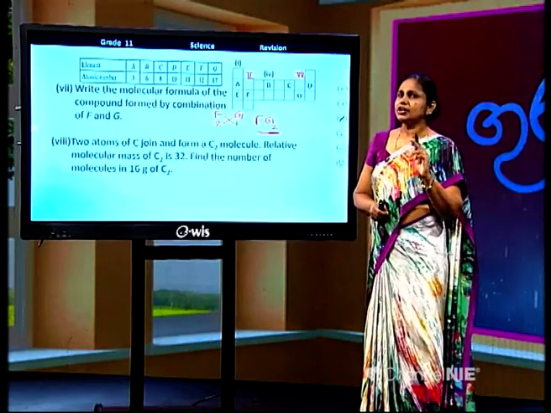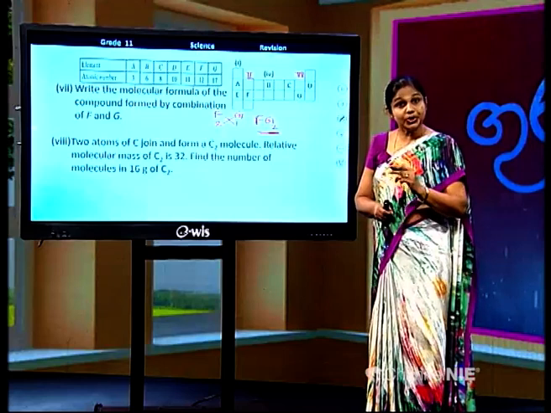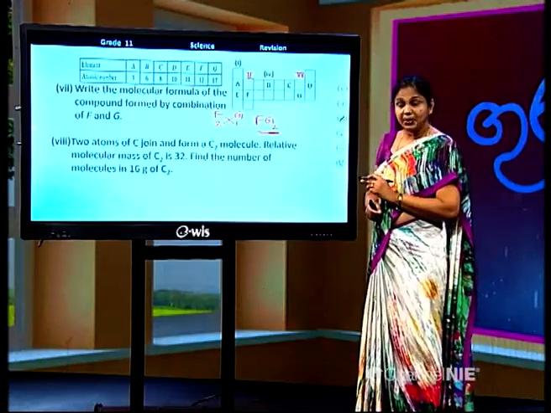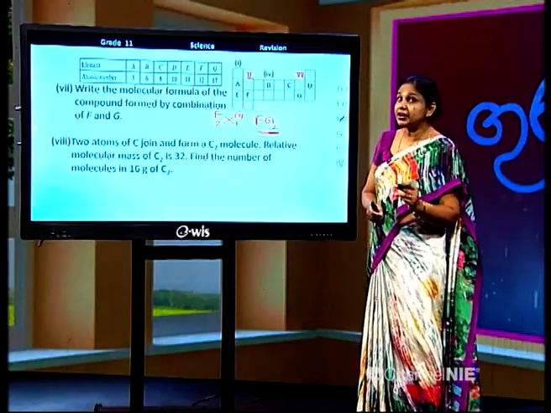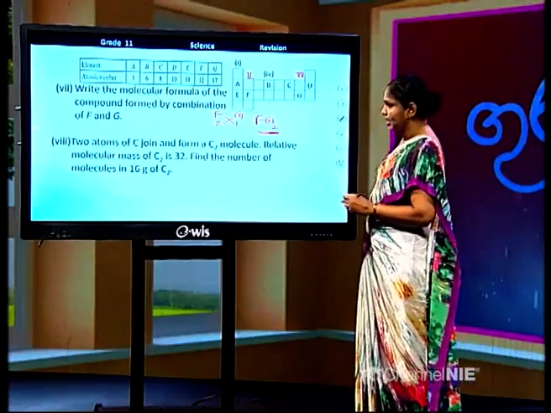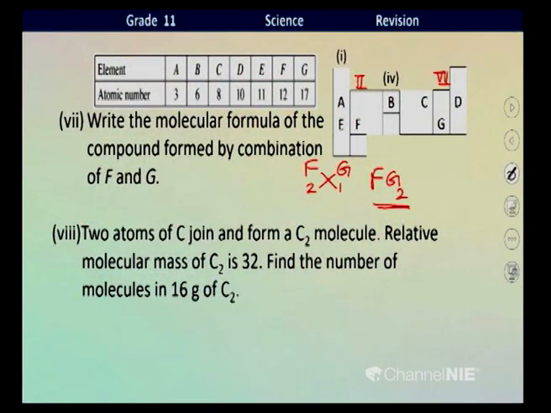Therefore, when two oxygen atoms join, O2 molecule is formed, right? Now, it is given the relative molecular mass of C2 or O2 equals 32. Then we have to find the number of molecules in 16 grams of C2, that is O2.